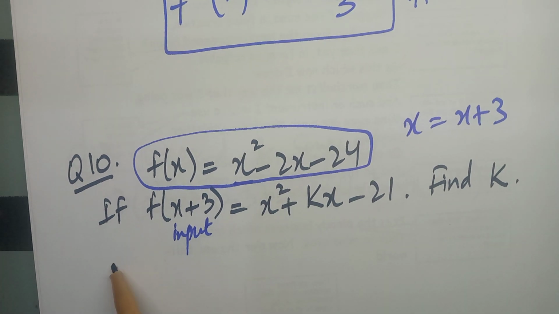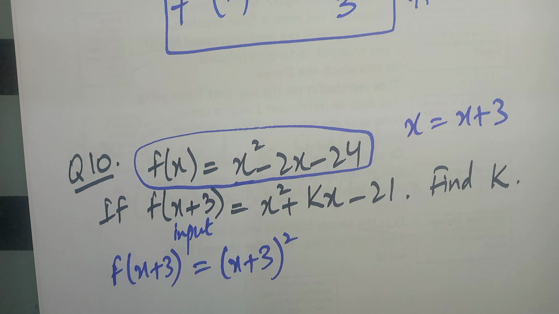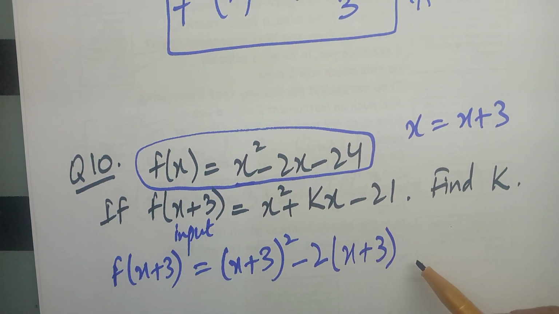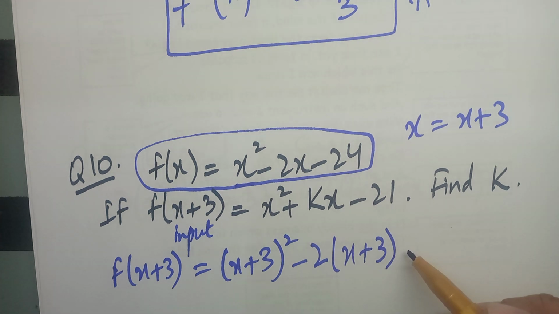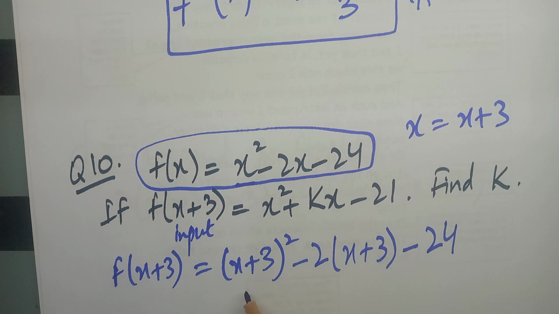So f of x plus 3 will be equal to x plus 3 to the whole square minus 2 times x plus 3, because x plus 3 is the input of the function, and then we have minus 24. First of all I will expand this.